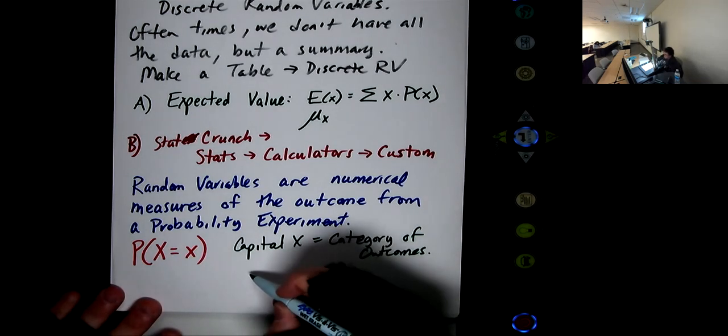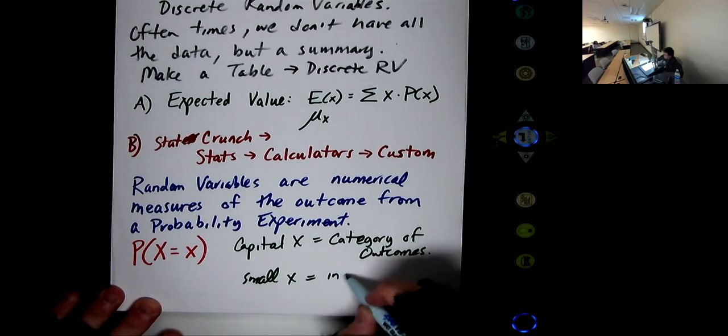And the lowercase x, the small x, are the individual outcomes.